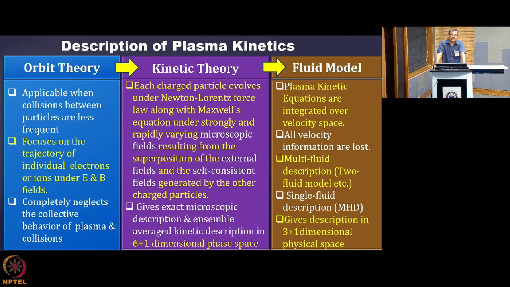When you are talking about orbit theory, it is applicable when collisions between particles are less frequent. It focuses on the trajectory of the individual electrons or ions under the electric and magnetic fields.